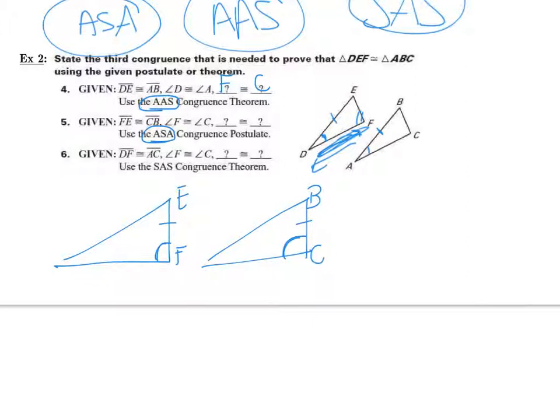So I would have to go in this direction, starting at an angle, and go this way, so my side is in between. So angle, side, angle. So I would have to say that angle E is congruent to angle B. And then, if I would do this again, whoops, I better redraw those triangles.